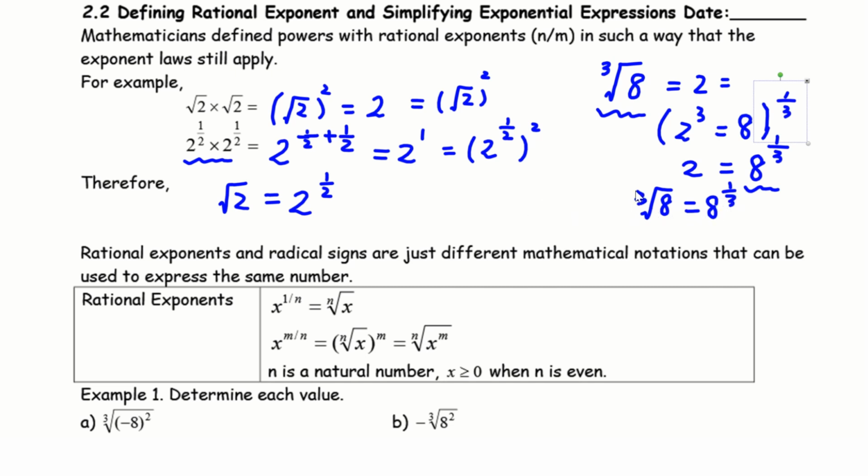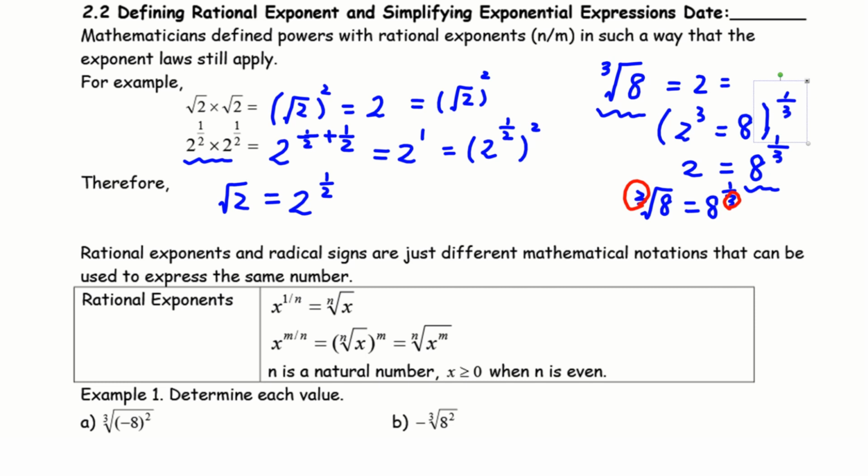Then in future, we are going to just move the number at the front of the radical sign, the third root, to the denominator, 1 over that third root.